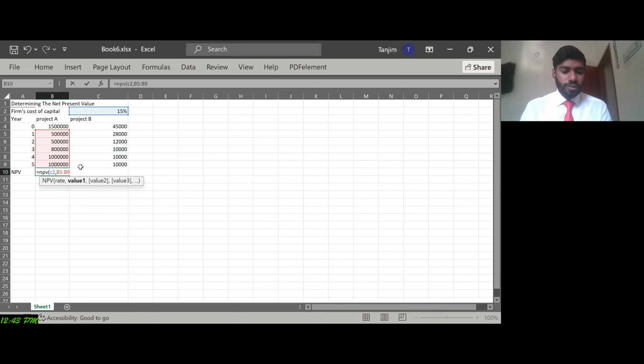So close the bracket. Then minus the capital of this project. Here the capital is B4, so press B4 and press enter. So you can see here the 9 lakh.